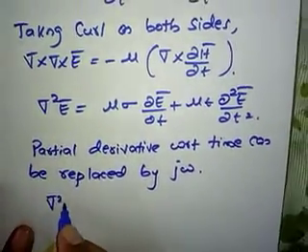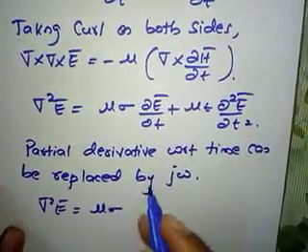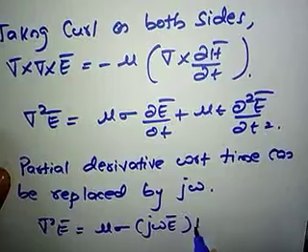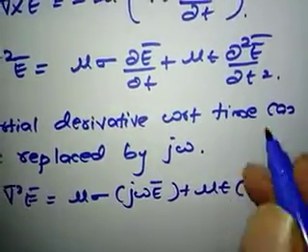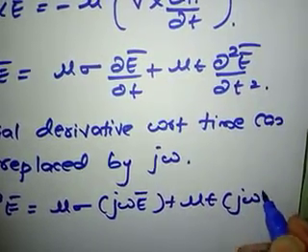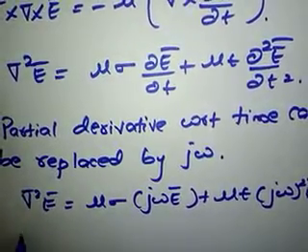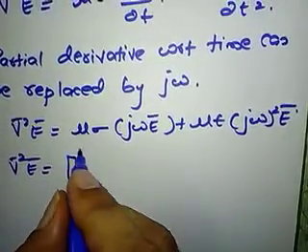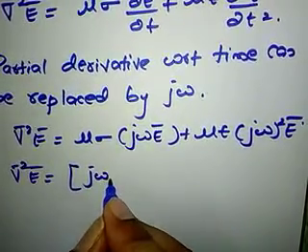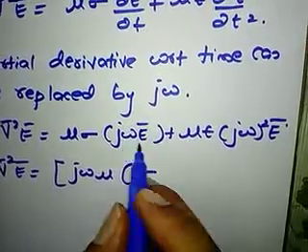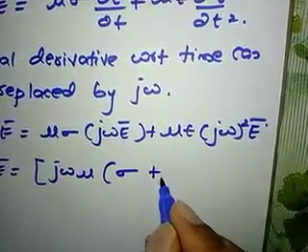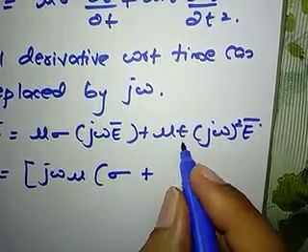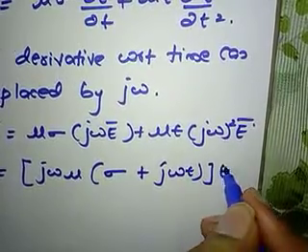Accordingly, we can write del square E bar equal to mu sigma, and dou E by dou T I can replace by j omega E bar, plus mu epsilon, dou square E bar by dou T square means j omega square E bar. Taking j omega mu common, del square E bar is equal to j omega mu into sigma plus j omega epsilon, into E bar.